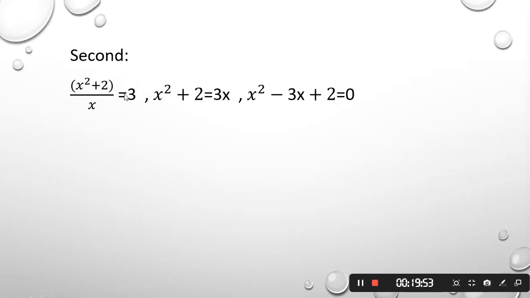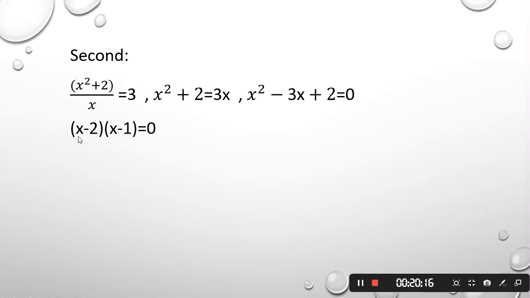Cross multiplication: x squared plus 2, 3 over 1. x squared plus 2 equals 3x. I will move 3x to the other side with a different sign. So x squared minus 3x plus 2 equals 0. Factorize.